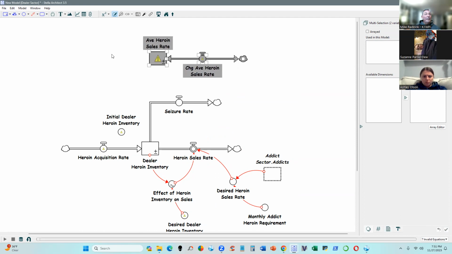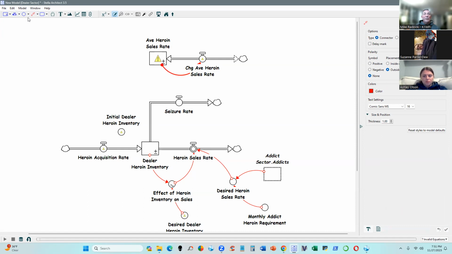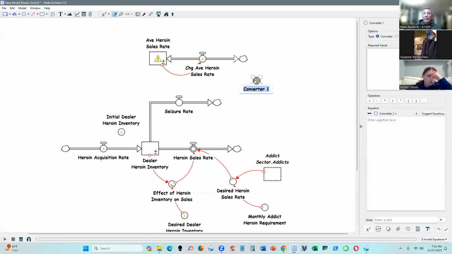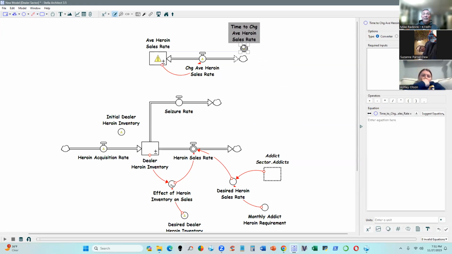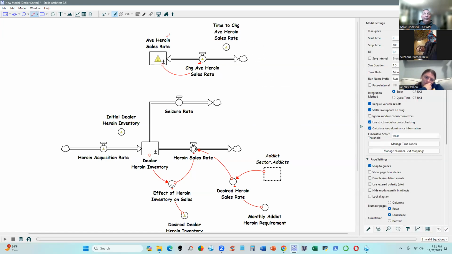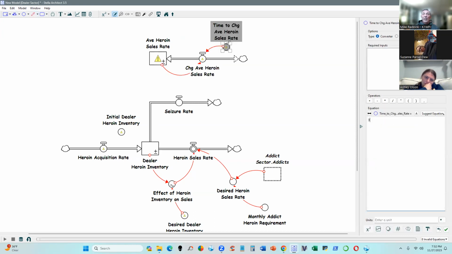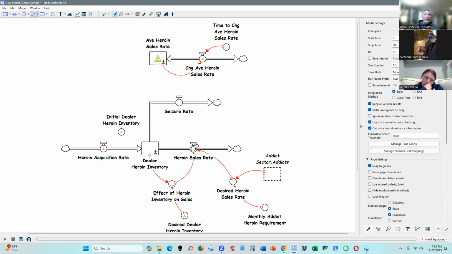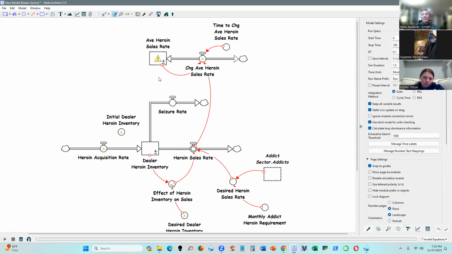So far, so good. Yep. And that molecule number 3, it's a proportional control structure. So the average doesn't change instantly. Make this something like 3 months. I typically don't like crossing wires if I can help it.